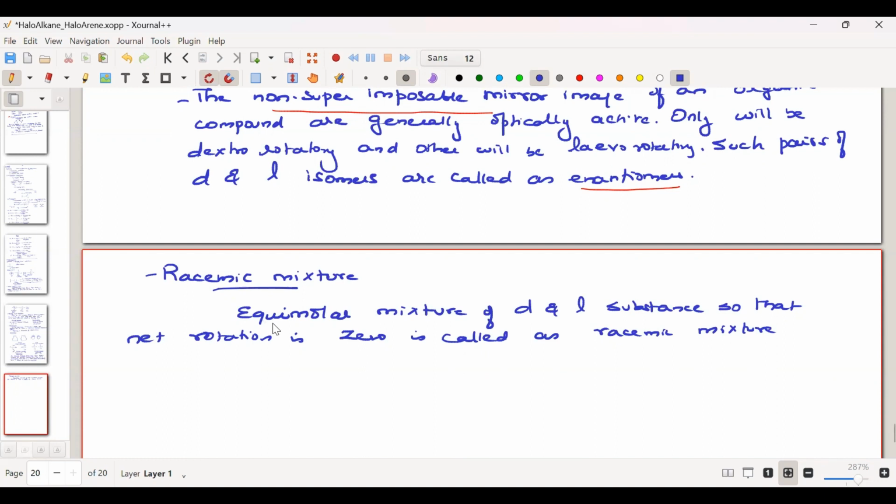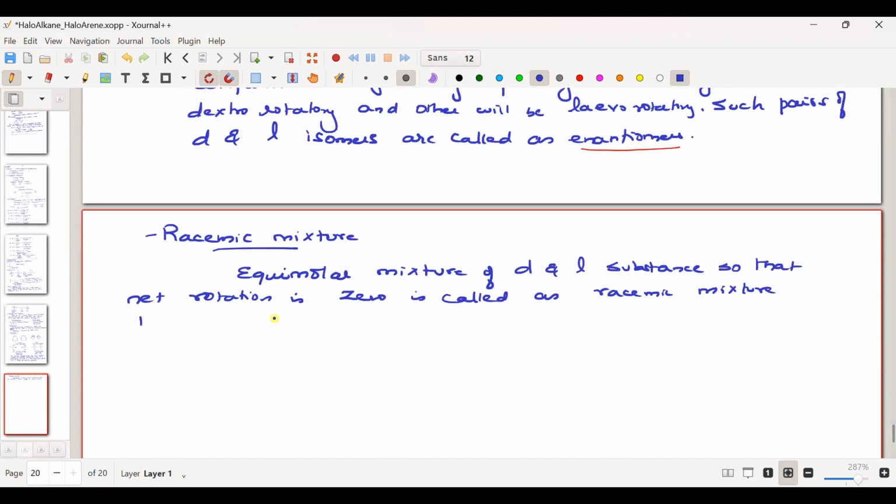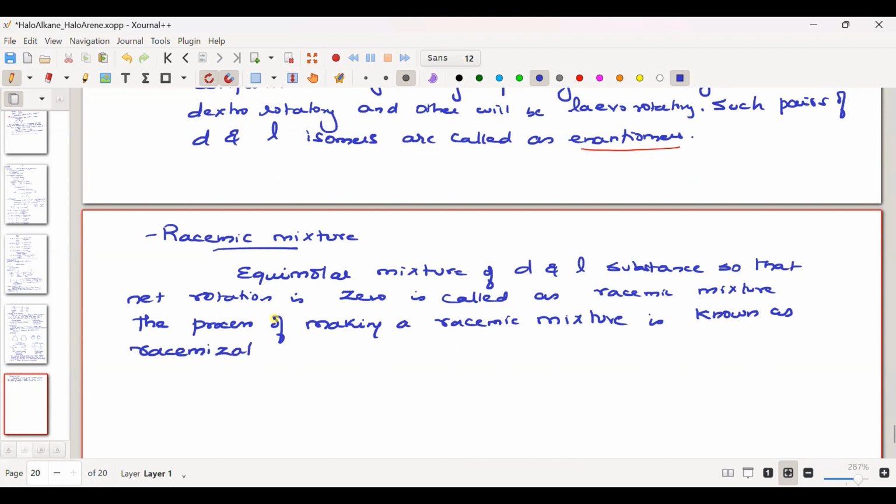Understood? Okay. So the process of making a racemic mixture is known as racemization.